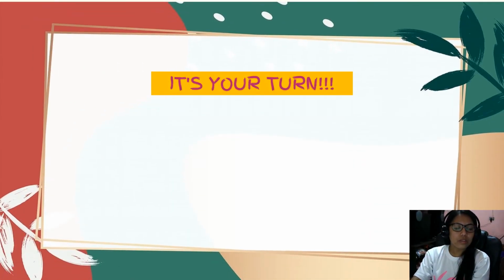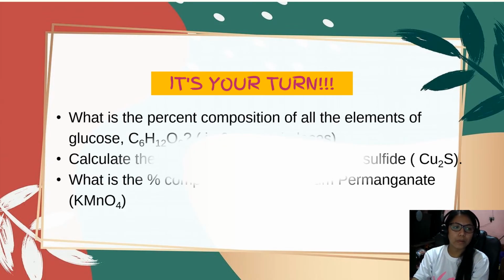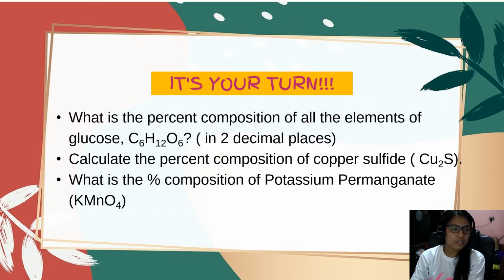So, now, it's your turn to answer this problem. First, what is the percent composition of all the elements of glucose, C6H12O6, in 2 decimal places. Okay, pag sinabing glucose, ito yung table sugar.